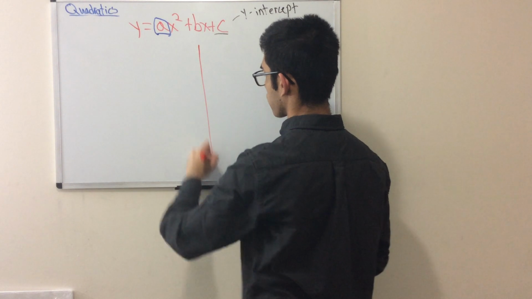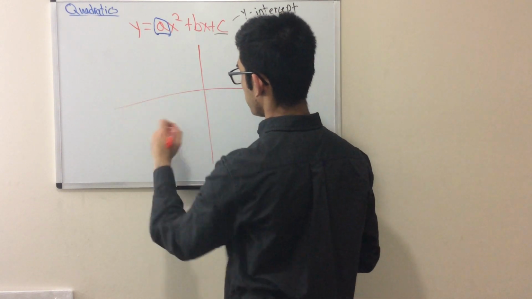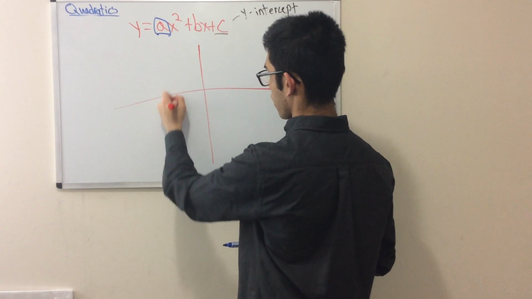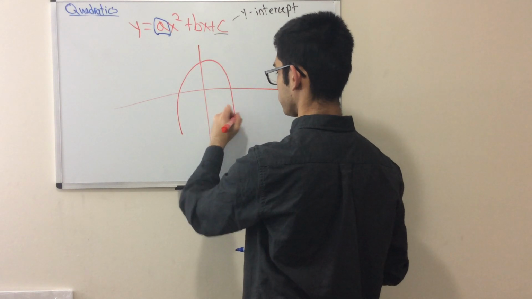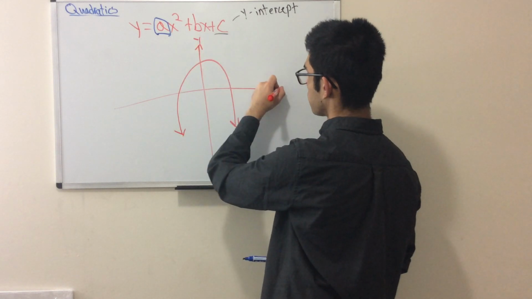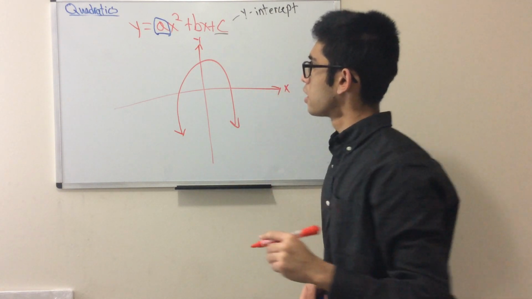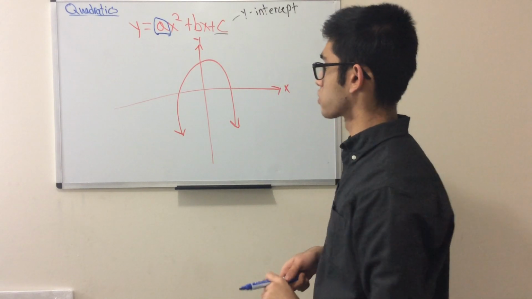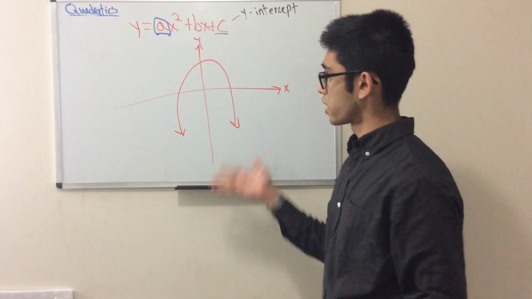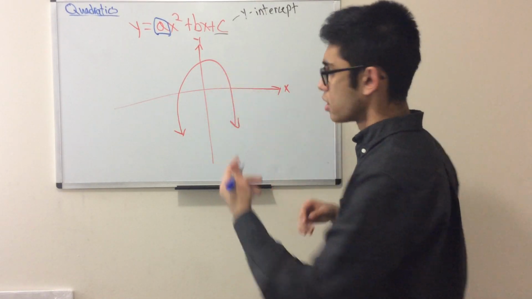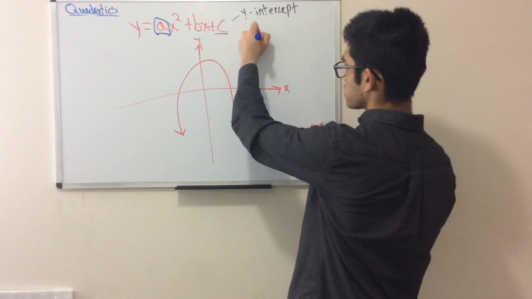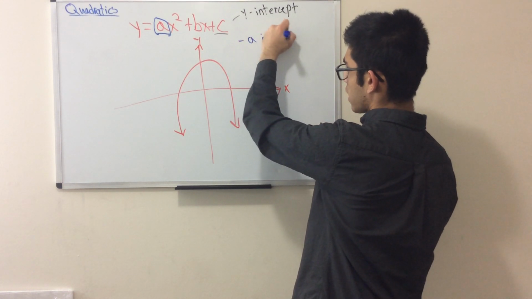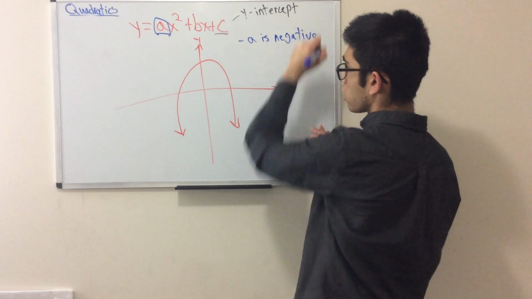If I have another graph like that, let's draw the graph like this. I don't have an equation for this or anything. I'm just going to highlight some important properties. What can we infer about this graph? It opens downward, right? We can see that because there's an upside down U. So we can say the A value for this is negative. If A is negative, it opens downward.